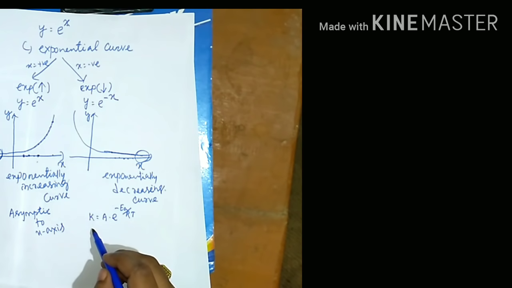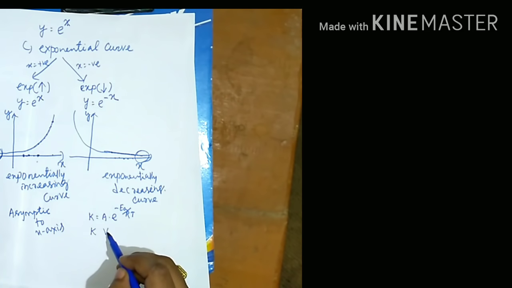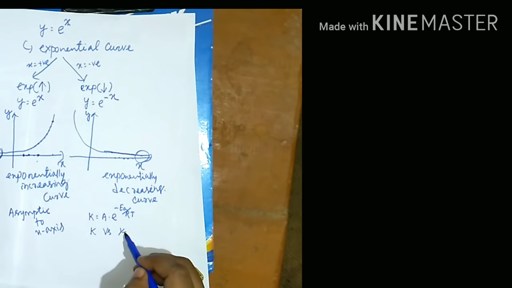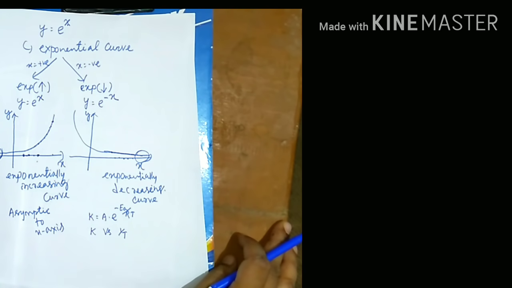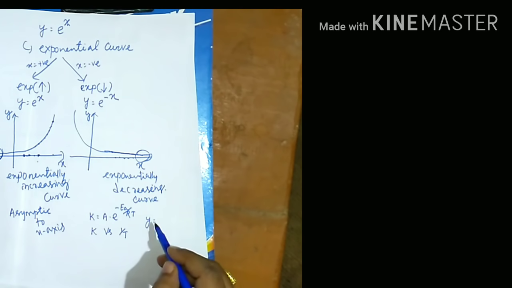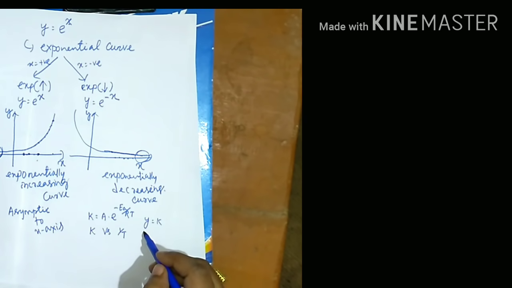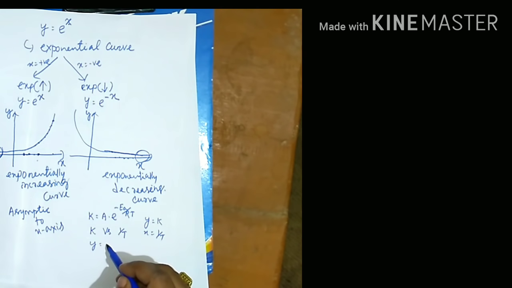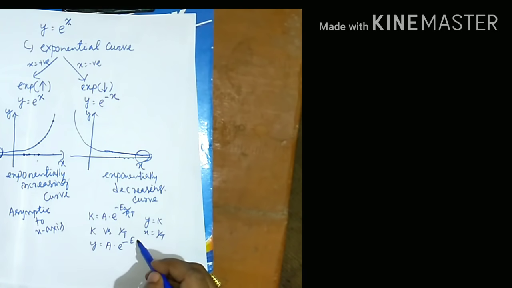Here the question asked, what is the curve k versus 1 by t. For k versus 1 by t, k is y and x is 1 by t. So the equation is y is equal to a into e to the power minus a by r into x.